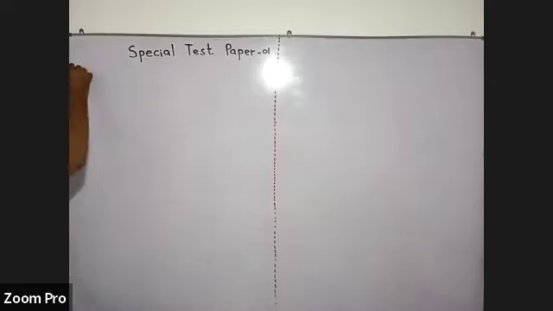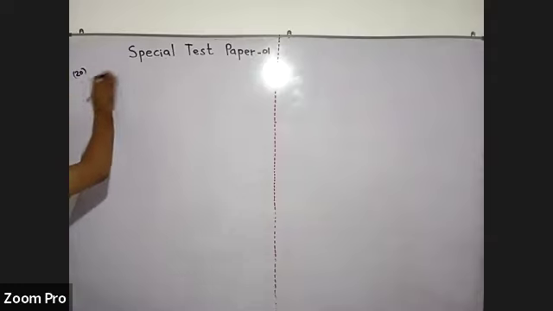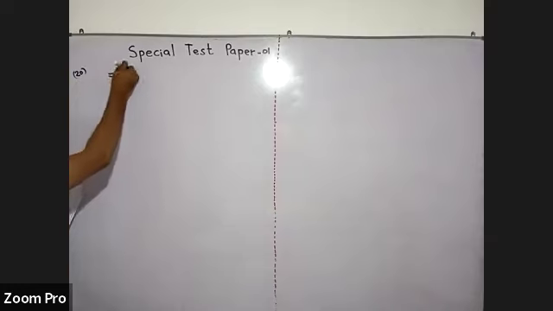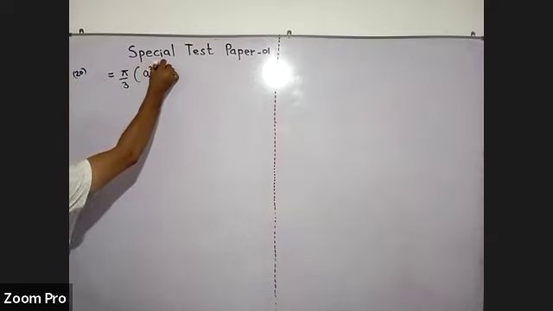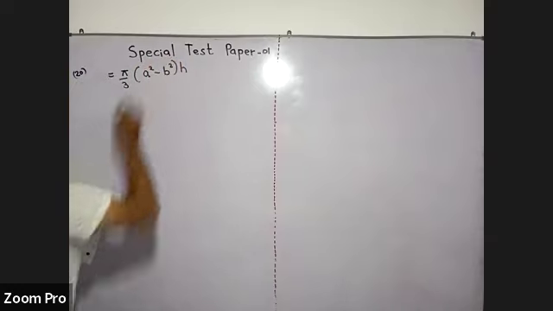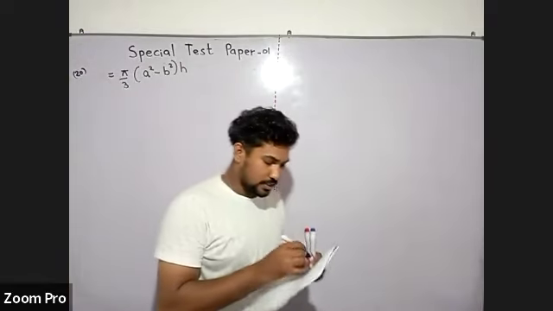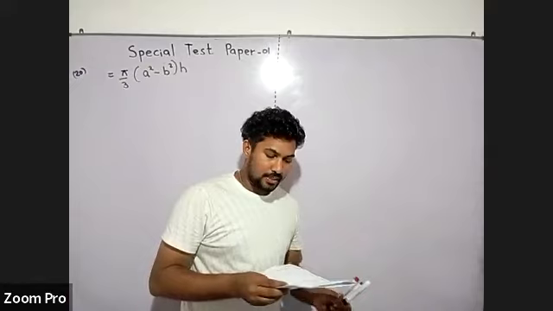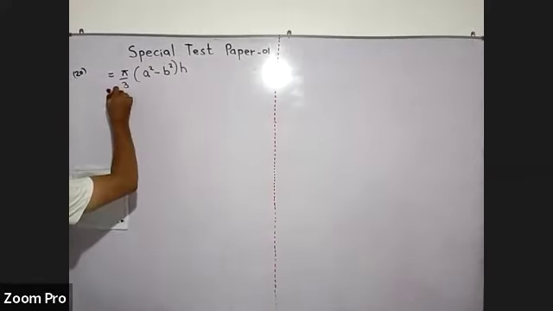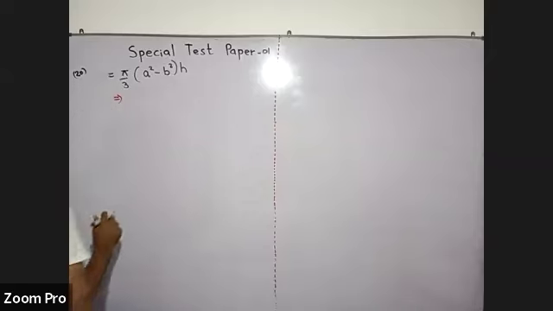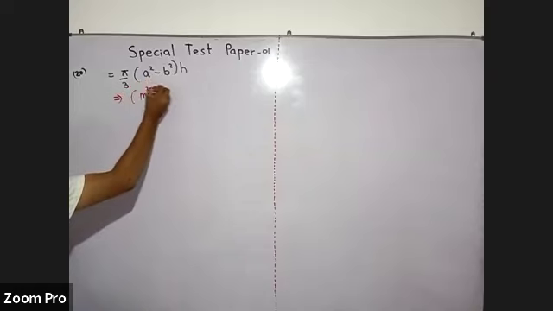Right. In the 20th question, the equation is given, that is 5 over 3 into a squared minus b squared into h. Where a, b and h are lengths, pi is a numerical constant, and the quantity is calculated by the above expression, right? Now guys, if I substitute the units, I can neglect the 5 over 3. So a means a length, so it should be substituted as m.